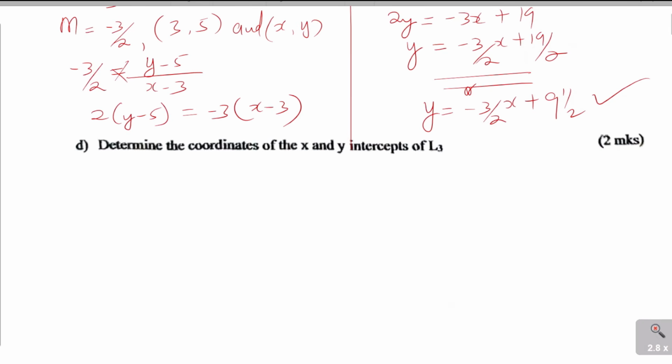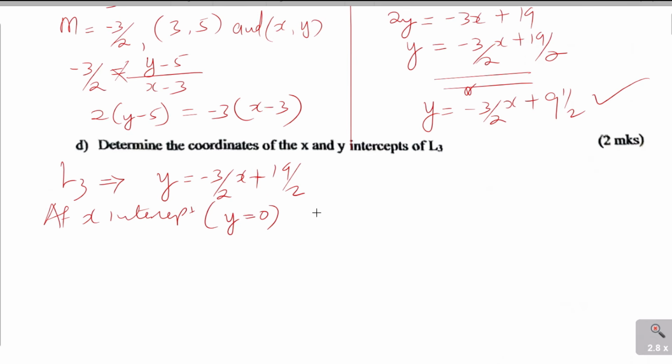Now the other one, part D: determine the coordinates of the x and y intercepts of line 3. So the equation of line 3 is y is equal to negative 3 over 2 x plus 19 over 2. So we start with the x intercept. At the x intercept, the y coordinate is 0.